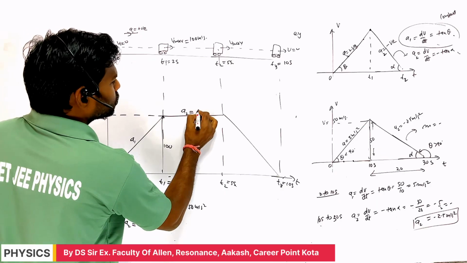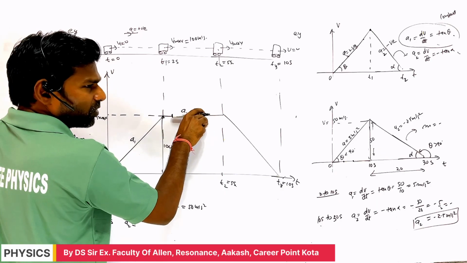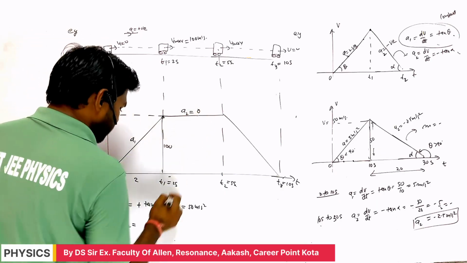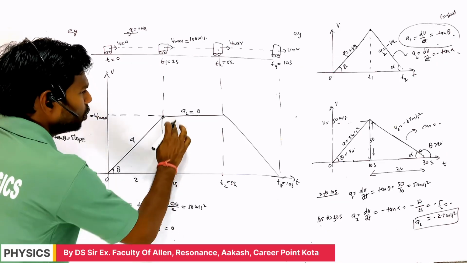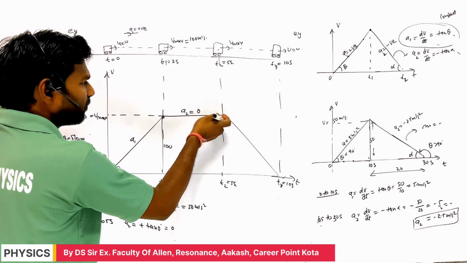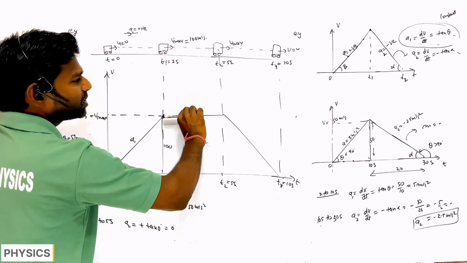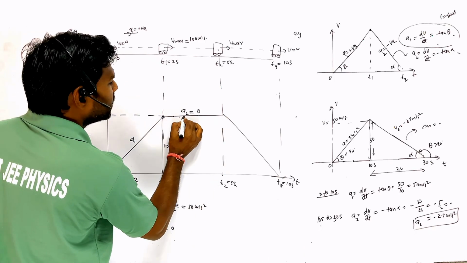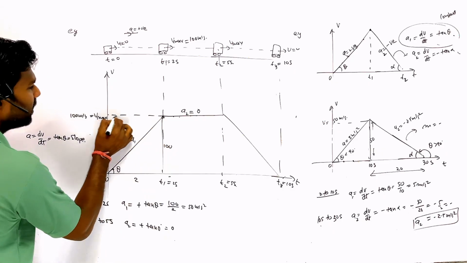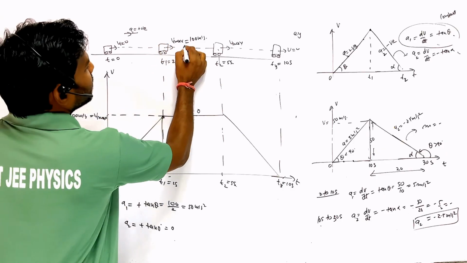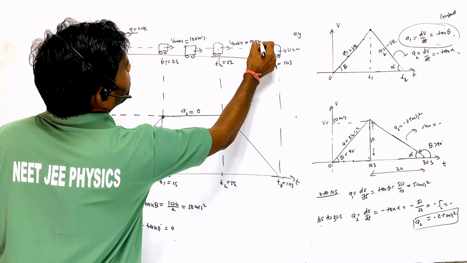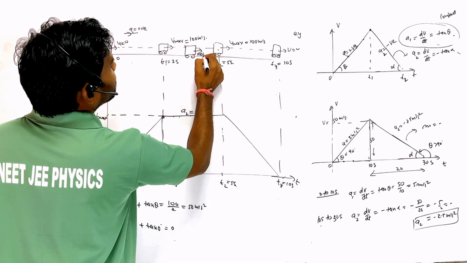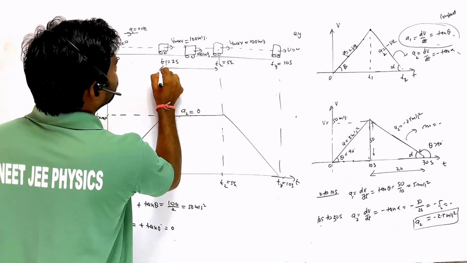So this is the theta, and the theta for this is 0. So acceleration is tan 0, which is equal to 0. No acceleration is over there. Therefore, if the v-t graph is a straight line like this, there is no acceleration at this point. That is why the velocity is constant and it is moving with 100 meter per second.